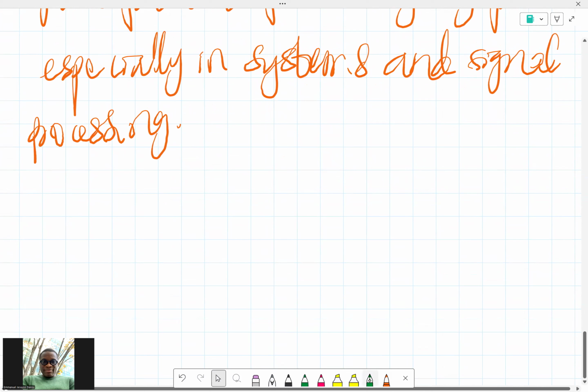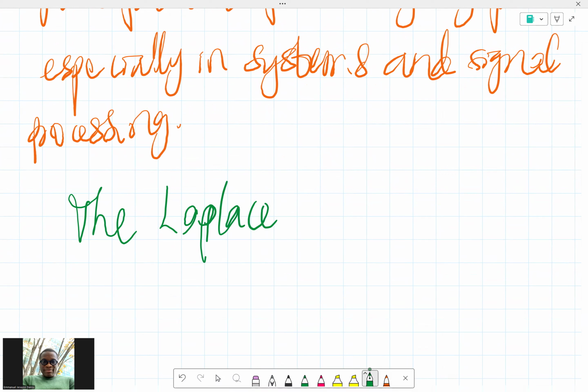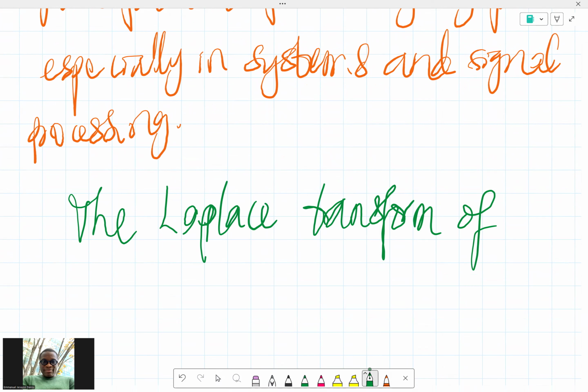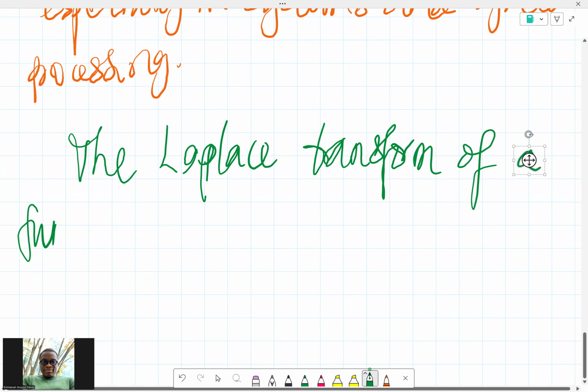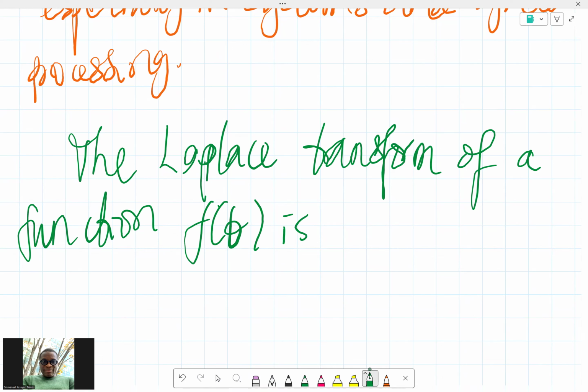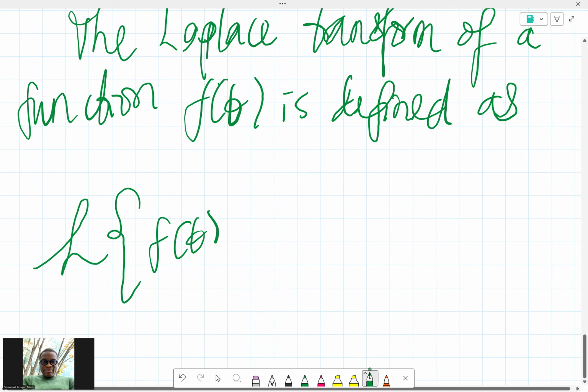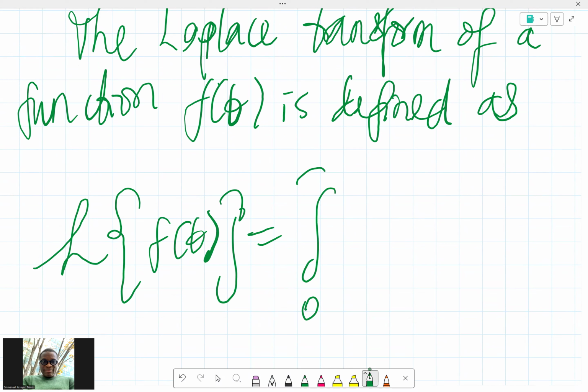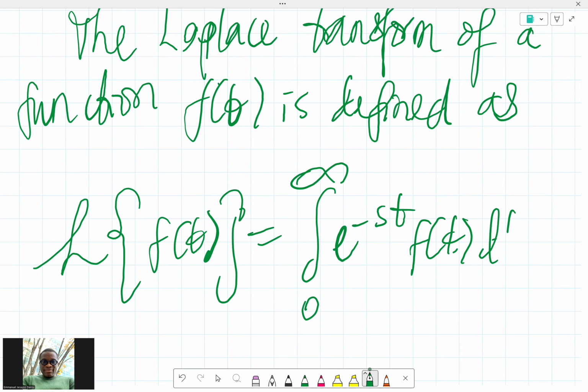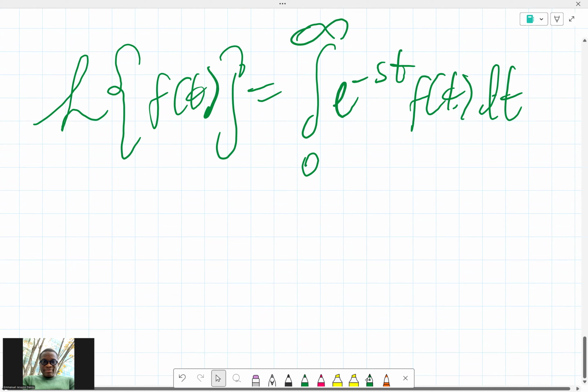As a reminder, the Laplace transform of a function f of t is defined as the Laplace of f of t, equal to the integral from 0 to infinity of e raised to the power minus st, f of t dt. So this is established.